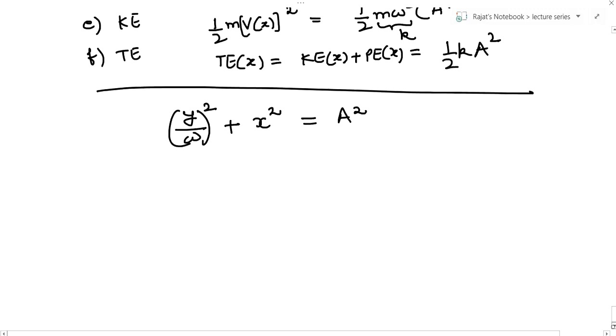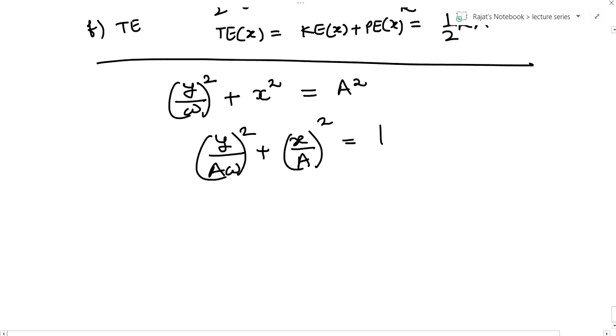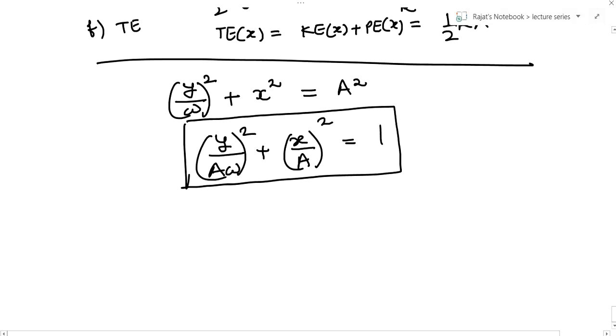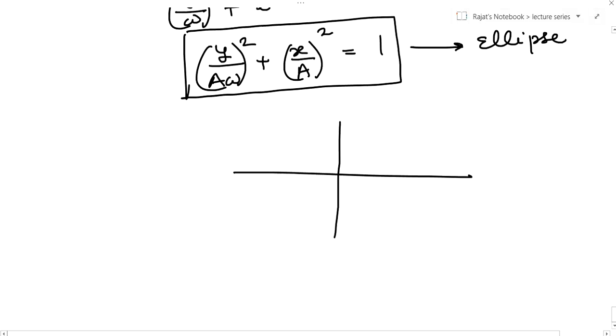Or I can write it further as y upon a omega, whole square, plus x by a, whole square, is nothing but 1. And we all know that x square upon a square plus y square upon b square is nothing but an ellipse. So this graph is nothing but an ellipse. So this is how it will vary.